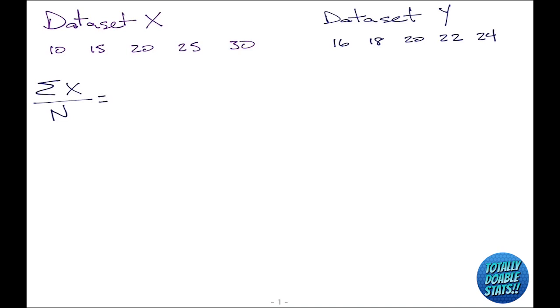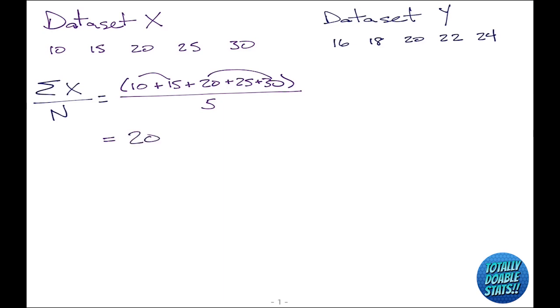So for this first one, I'm going to have 10 plus 15 plus 20 plus 25 plus 30, all divided by 5, which is going to equal, let's see, 25 and 25 is 50 and another 50 is 100, divided by 5. My mean is 20, which you can kind of tell by looking at it, right?